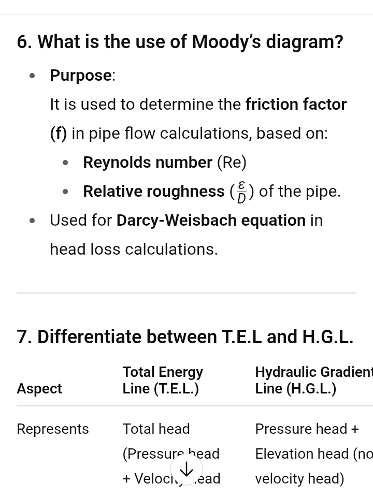Re means Reynolds number, and the other parameter is the relative roughness, epsilon divided by D, the diameter of the pipe, which is used in Moody's diagram. Moody's diagram is used with the Darcy-Weisbach equation in head loss calculation.